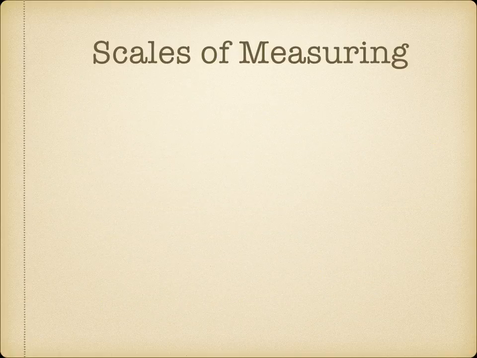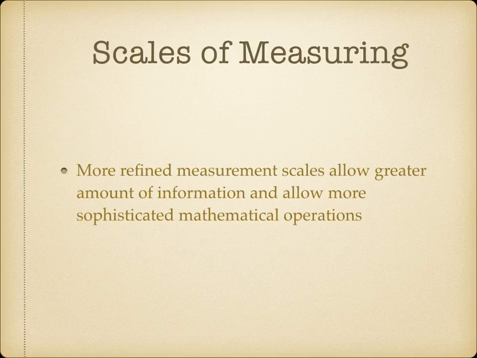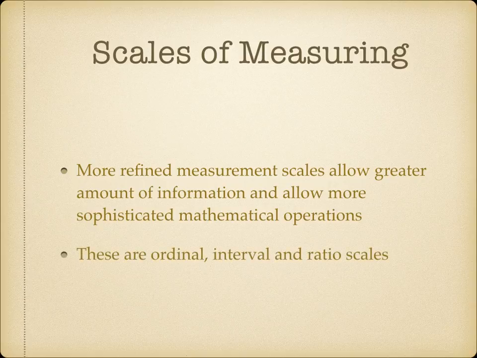Other scales of measurement, though, tend to take on a greater degree of information capacity, and therefore enable us to make more detailed mathematical operations and a greater degree of sophistication in our understanding of what we've observed in a person. A greater amount of information is contained in the measure. These other scales are ordinal, interval, and ratio scales, and we're going to go through each of these individually.